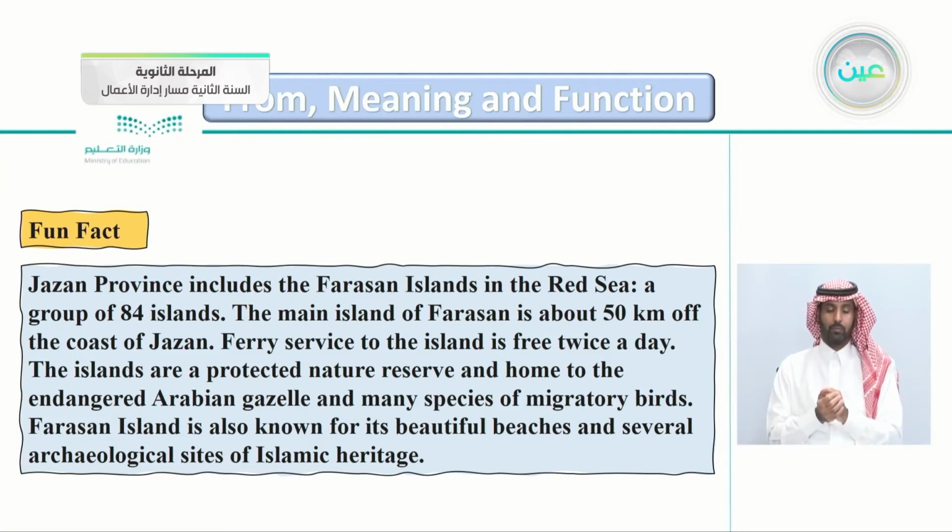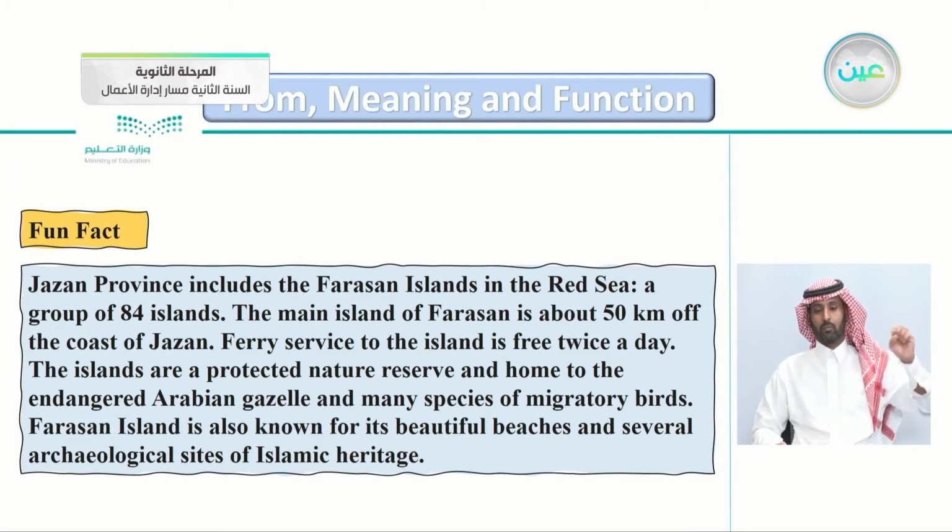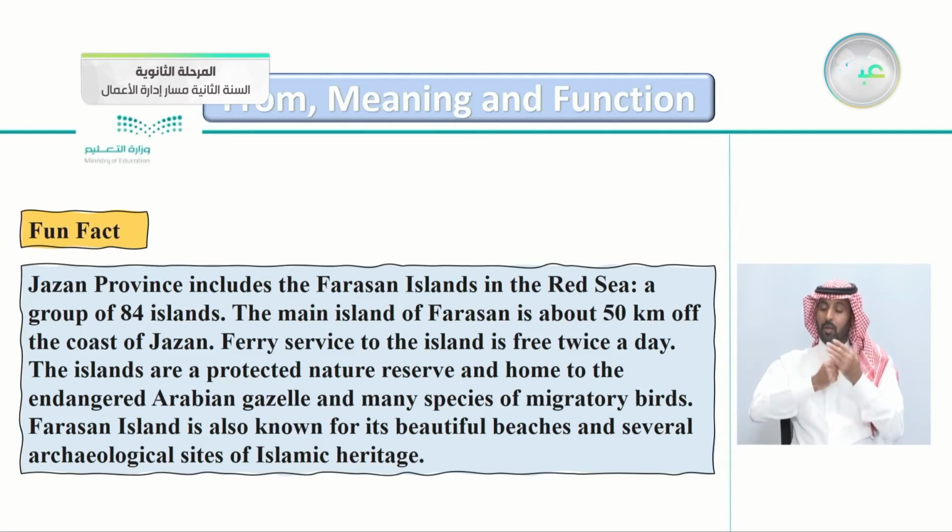Here's a fun fact. The Jazan province includes the Farasan Islands, the beautiful Farasan Islands in the Red Sea, a group of 84 islands. The main island of Farasan is about 50 kilometers off the coast of Jazan. Ferry service to the island is free twice a day.